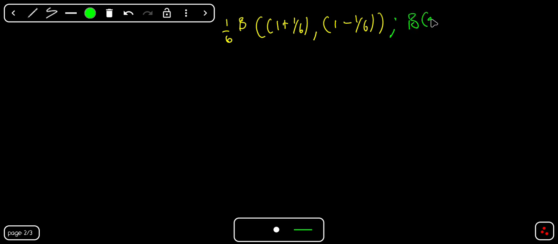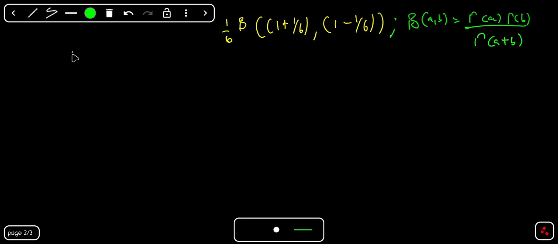Beta of a comma b will give us gamma of a multiplied by gamma of b, then over gamma of a plus b. Take note of that, it's very important. In this case, a is 1 plus 1 over 6 and b is 1 minus 1 over 6.